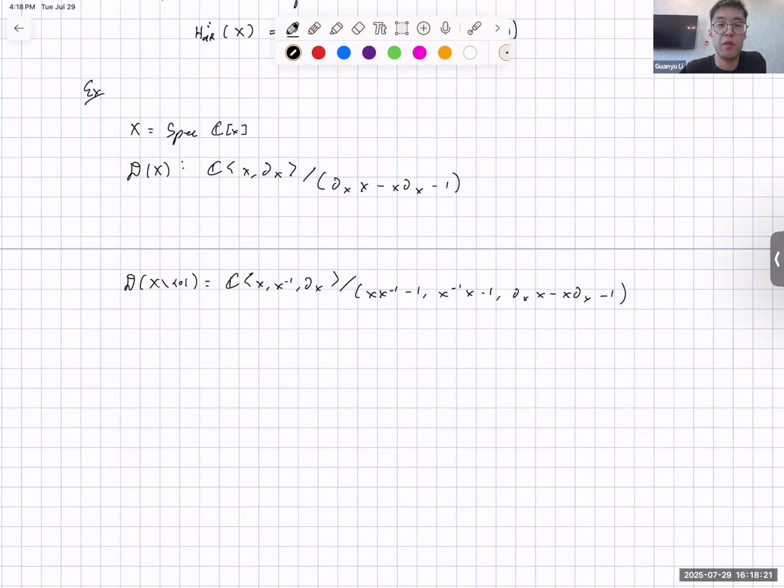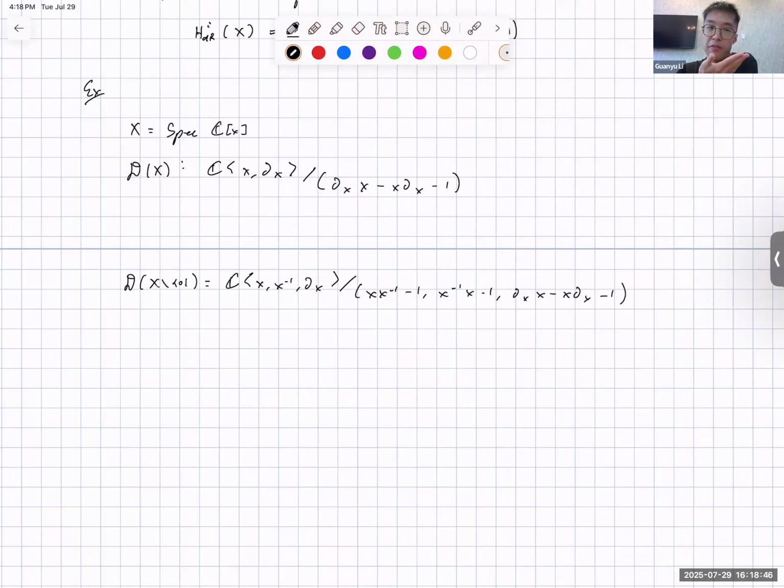We haven't seen what the cohomology is here. So how do we see it? This is also not a great example because there's no interesting cohomology.